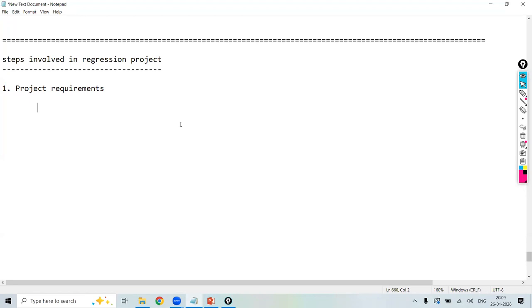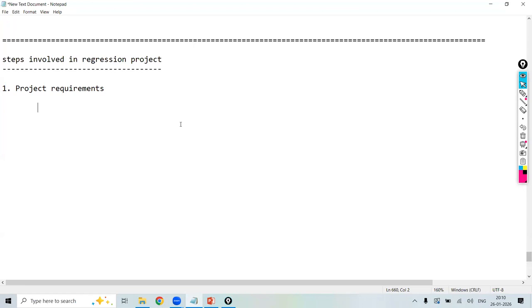Whatever you are asking me to predict has to be available in the dataset. Second, it should be numerical only. You have to understand this very clearly. There only you decide whether it is a classification project, a regression project, or some other project. At the same time, you have to observe whether the data is numerical, and whether it is in sequential order or non-sequential.